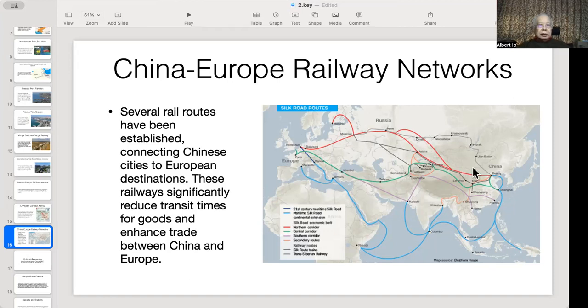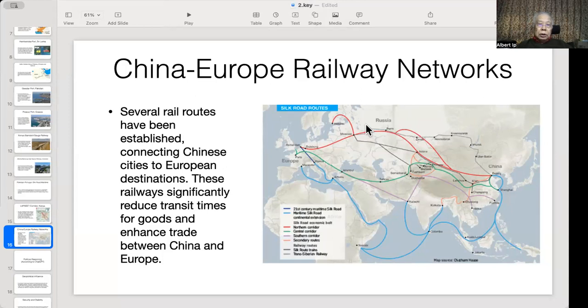This track takes about 14 days. So it is about 2 weeks shorter in terms of the time taken. At the moment, there are about 1,000 such trains in about a month. Yes, about a month.